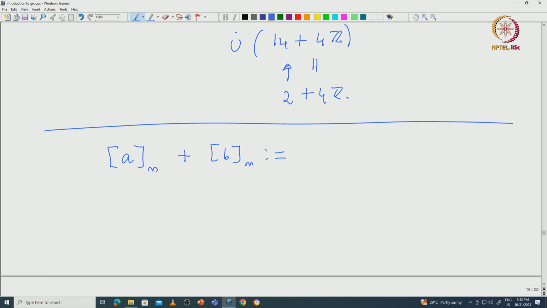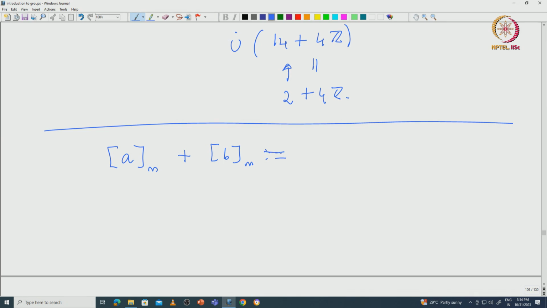This is a set, and this is a set, so we want to define this addition between these two sets. The natural way to do it is to inherit it from the addition that you already have in the integers, or it should agree with that addition.